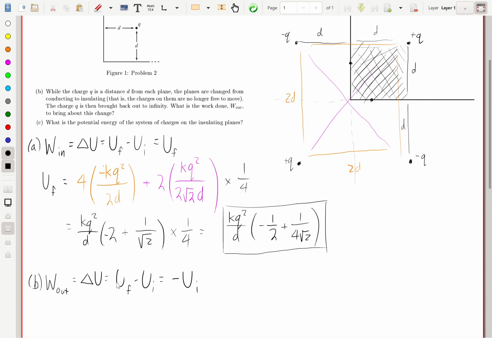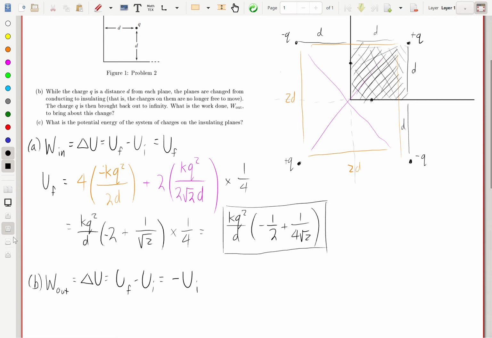Notice how we set UF to be equal to 0. This technically isn't exactly true because there will be an electrostatic interaction between the two plates, since they are insulators and can no longer move to ensure that they are at an equipotential surface.